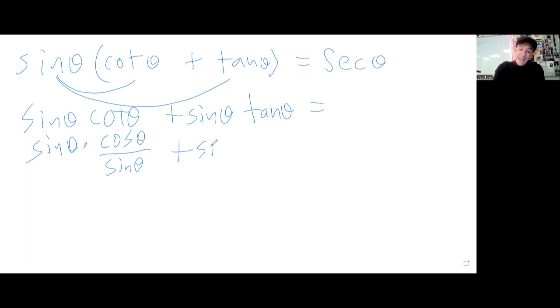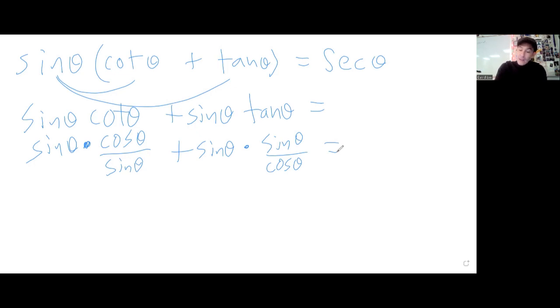Plus, let's keep tangent the same, multiplication. And now let's turn tangent into sine over cosine.